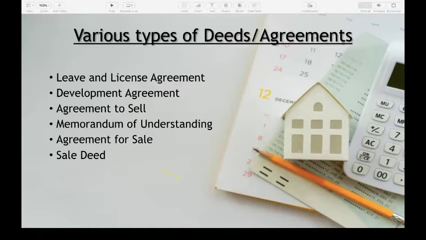For example, if I have a vacant land and I need to construct an apartment or flat-based system on it, I will enter into a development agreement with the developer where the land rights will belong to me, but the development rights of the flat or apartment system which is constructed will be divided as per the terms and conditions we sign in the development agreement.